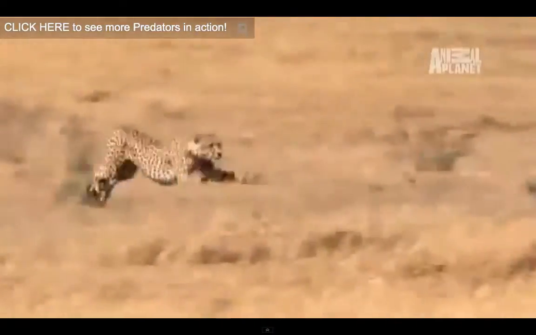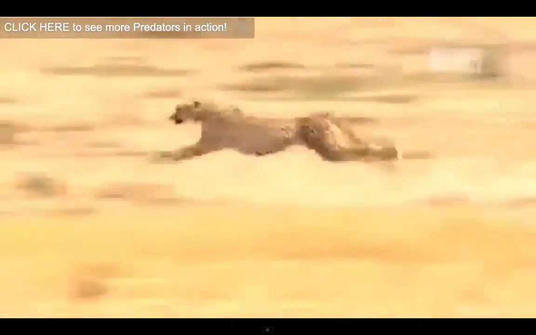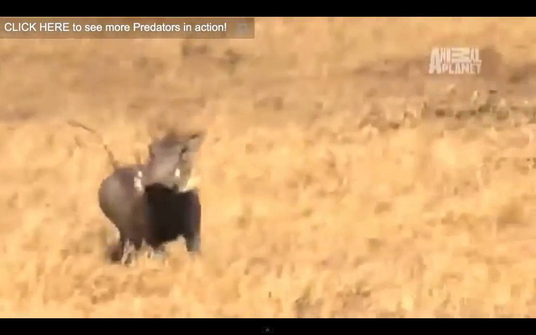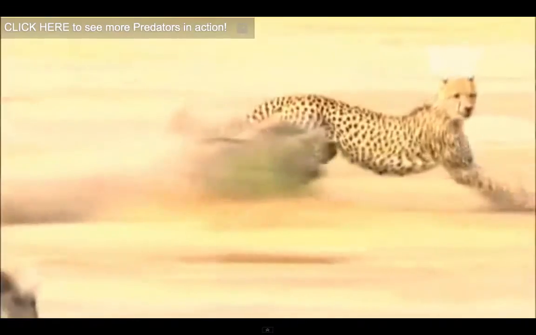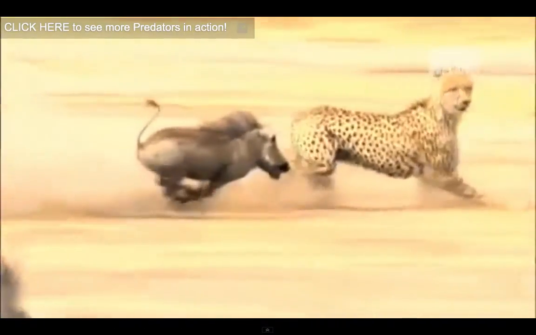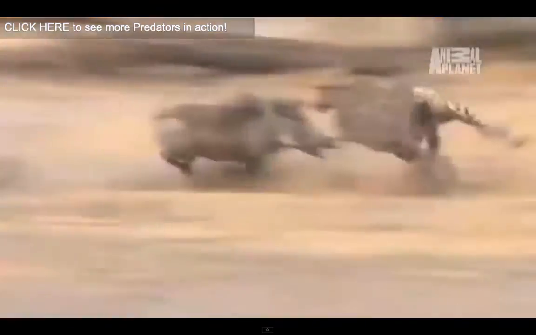There goes the cheetah, slowly coming up and then full blast running. Baby warthog running for its life. Thinking of where it could hide. Now the mom's coming after the cheetah. Cheetah takes one to the side.